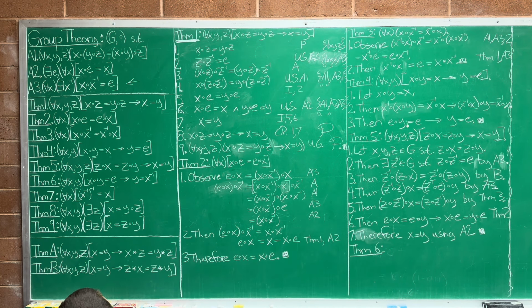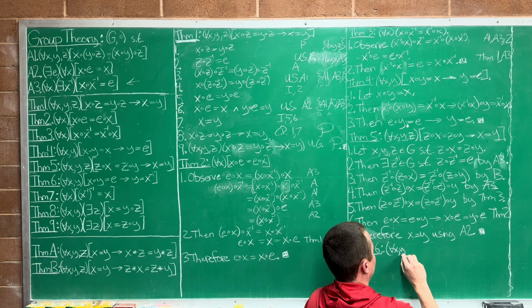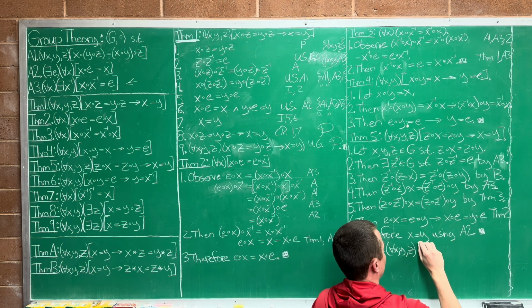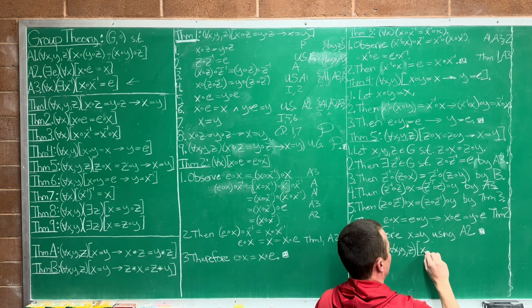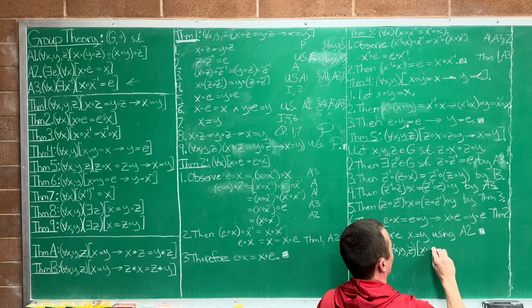No, yeah, I prefer it actually. So theorem 6 now: if x circle y equals E, then y is equal to x inverse. So we need to show that for all x, y, and z, if x circle y is equal to E, that implies y was secretly x's inverse.